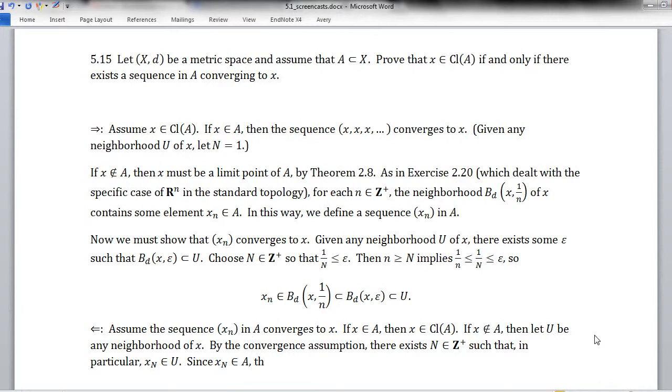That proves that x is a limit point of A, and so x is in the closure of A. So we assumed that we had a sequence in A converging to x, and if x is in A, it's in the closure, and if x is not in A, we've also proven that it's in the closure. So we're done.